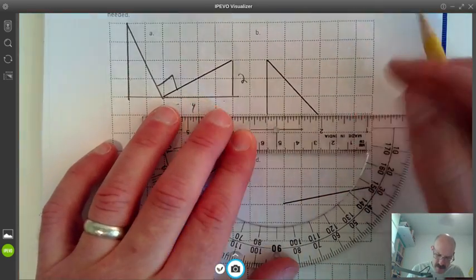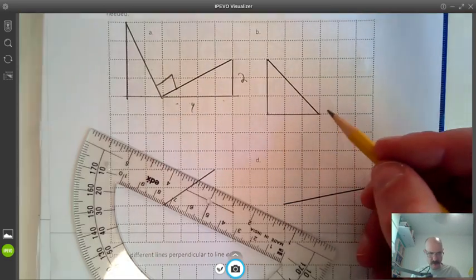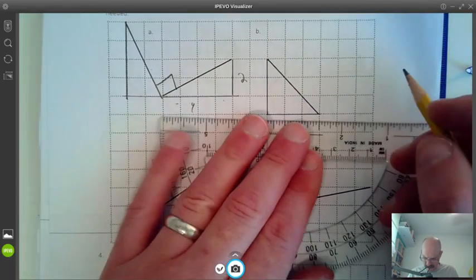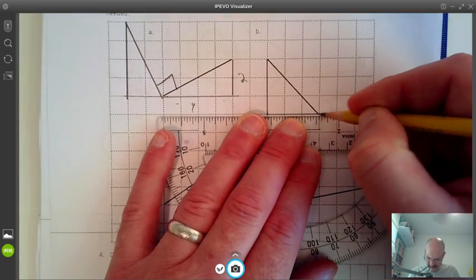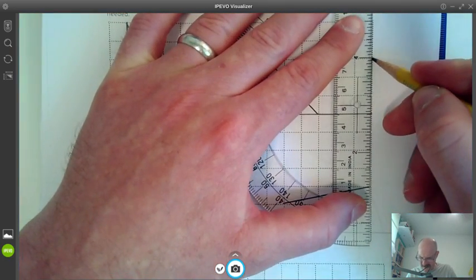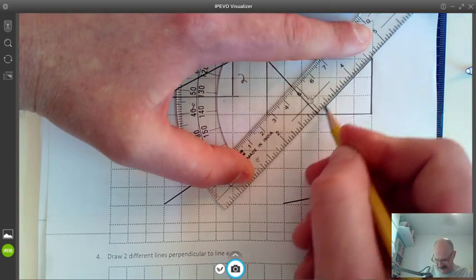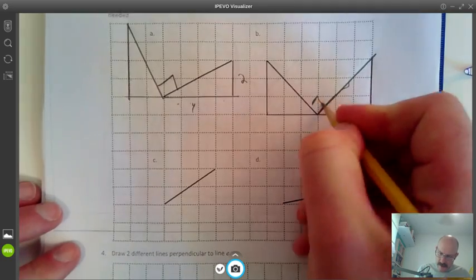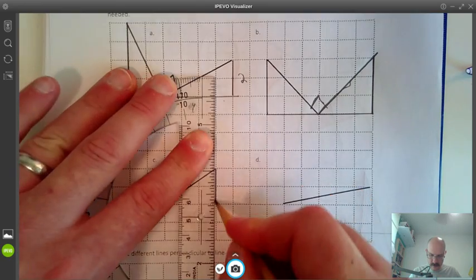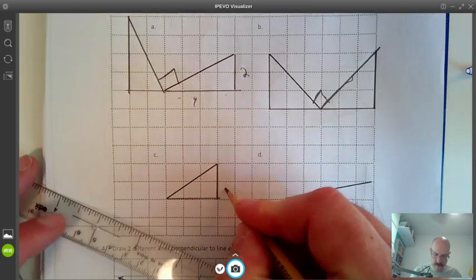This one, let's do it like this. Envisioning the triangle. And this is a 3 by 3. So I'm going to take it like this. Okay. So 3 by 3. So that is the right triangle here. 2, 3.